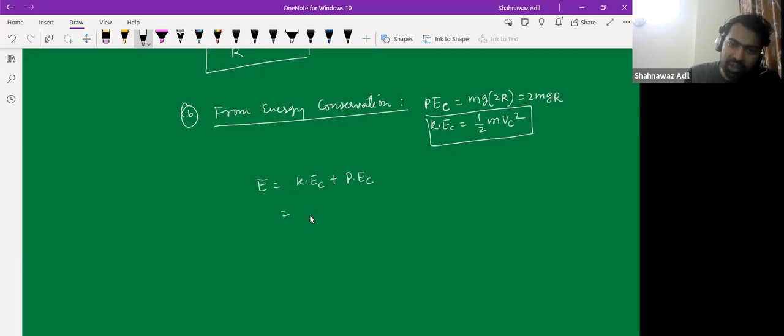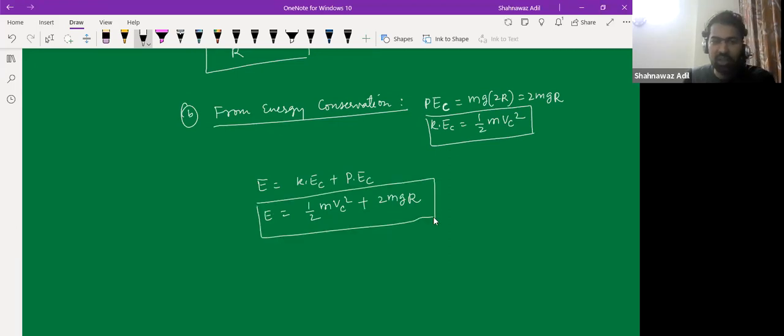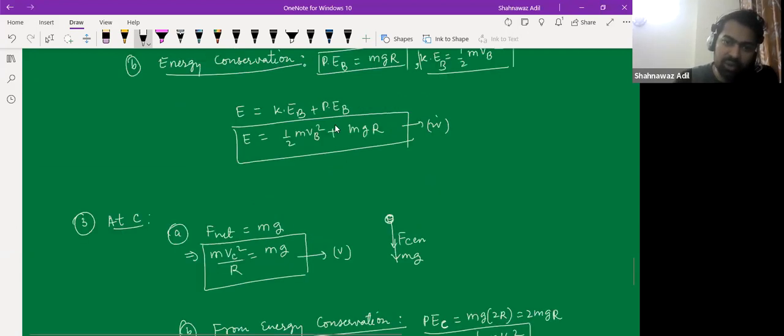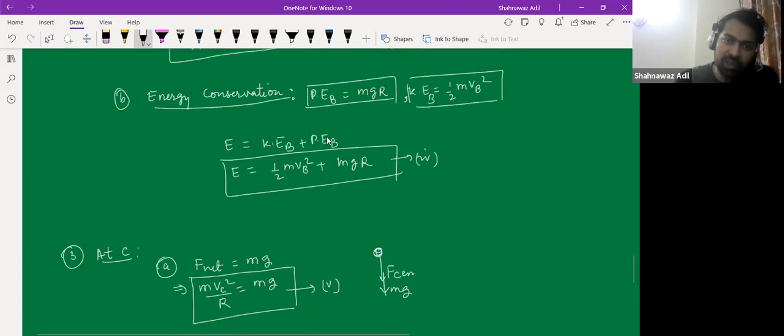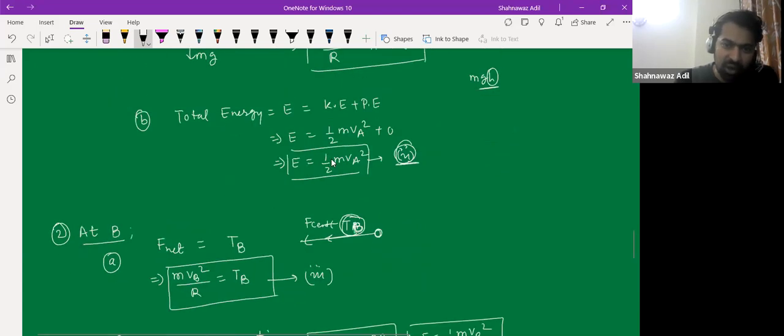So this is half mvC square plus 2mgR. So this is the total energy. And from energy conservation, we know that this energy would be equal to this energy, that would be equal to this energy. All these energies are equal, right?